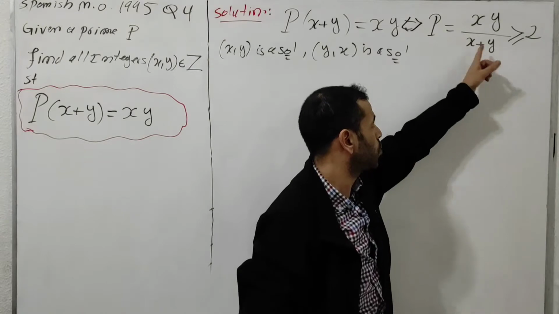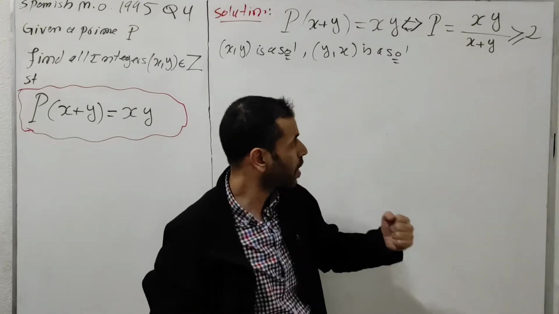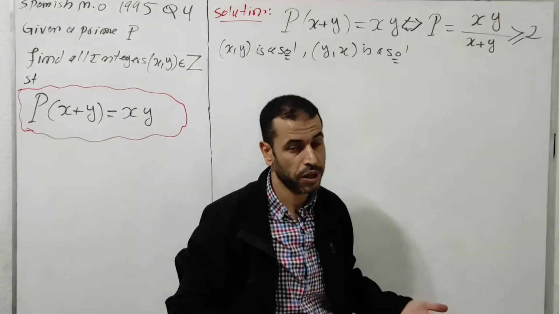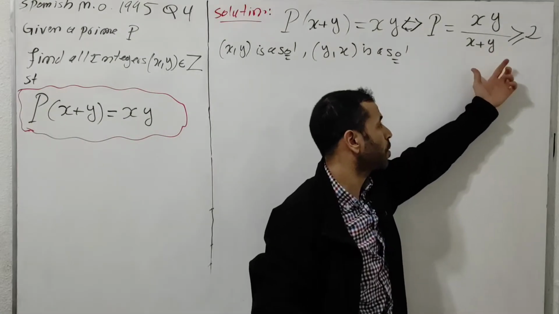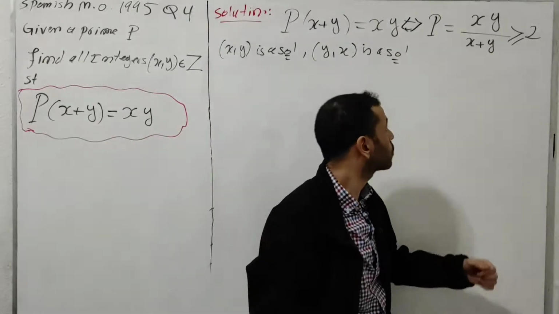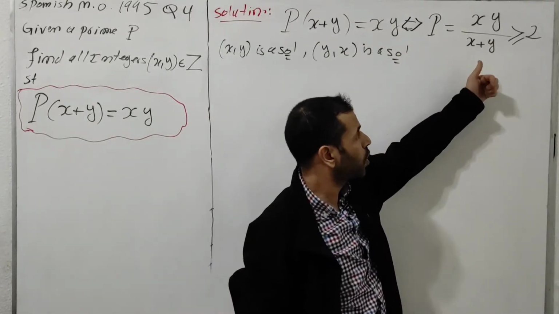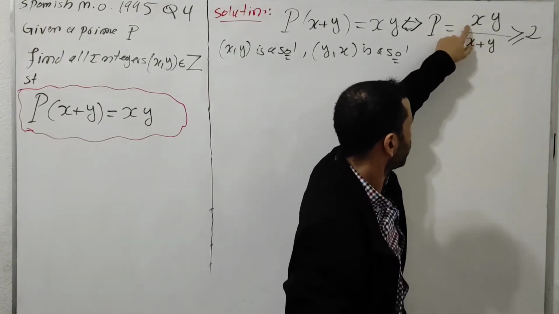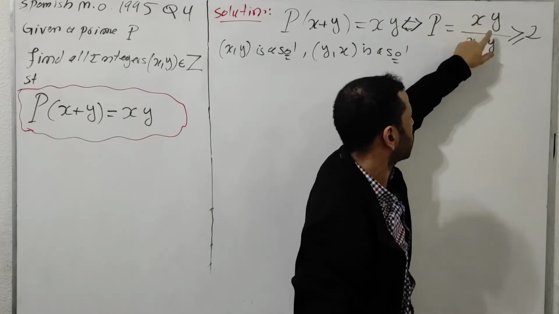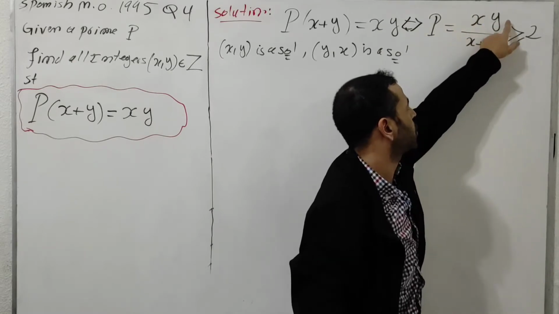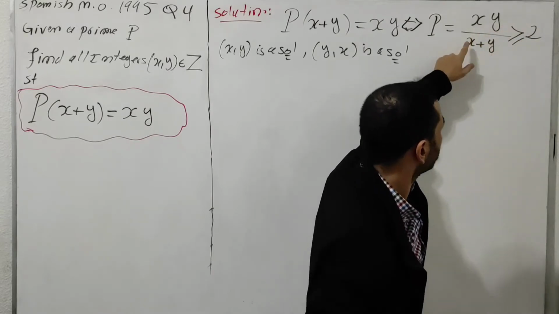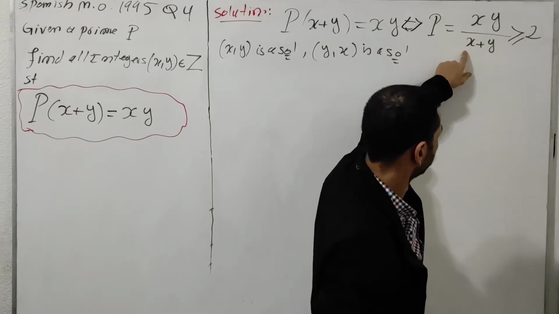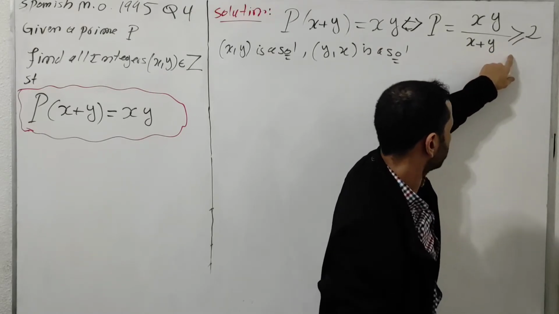Since we have a symmetry here, x and y must both be positive or both be negative. If x and y are positive, we are good to go. If x and y are negative, here is a problem: the product of both numbers is positive, while the sum of these negative numbers is negative.